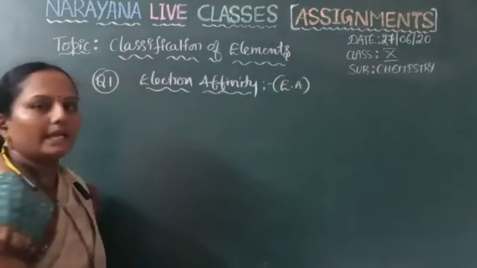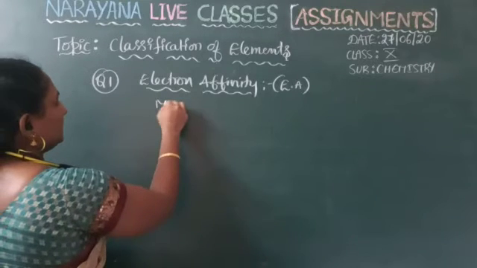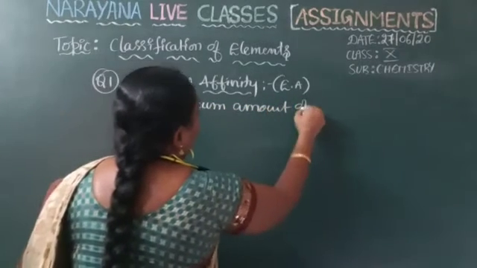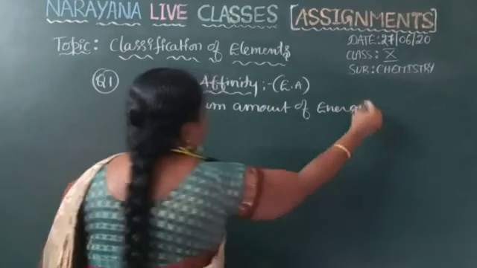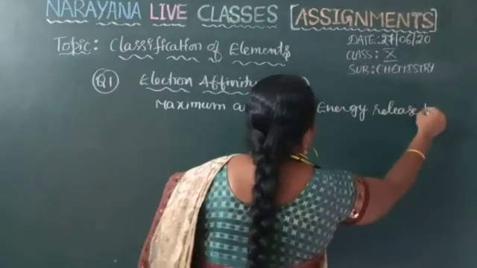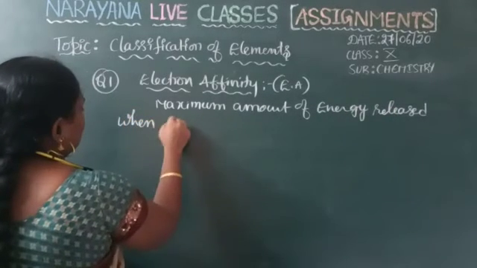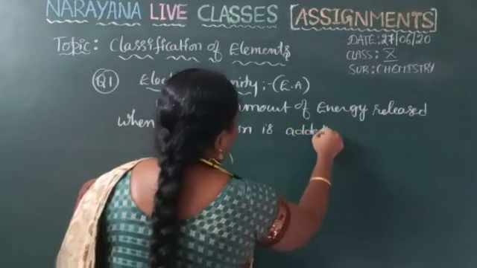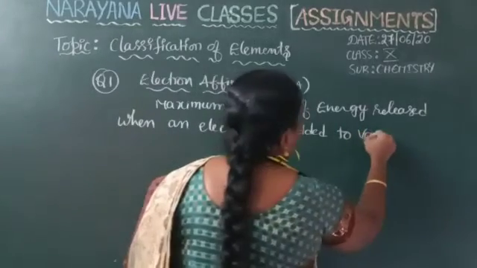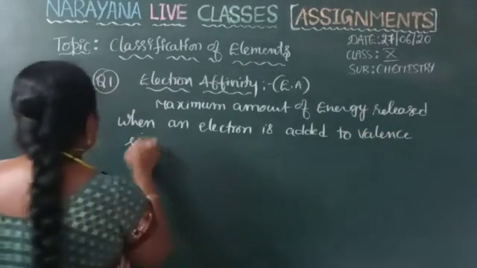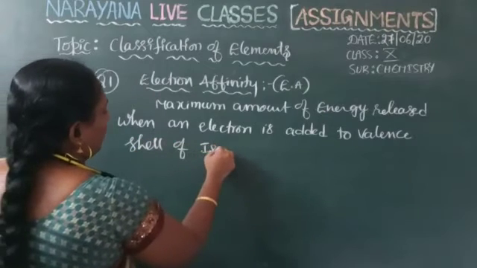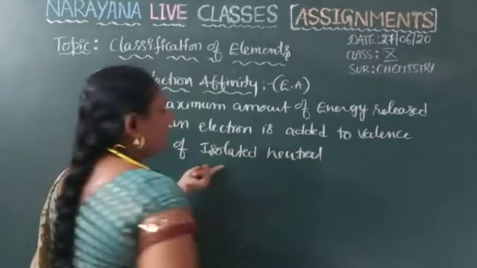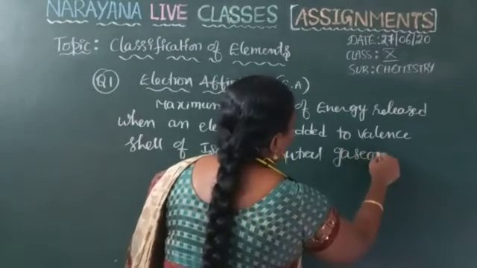It is the maximum amount of energy released when an electron is added to the valence shell of an isolated neutral gaseous atom.